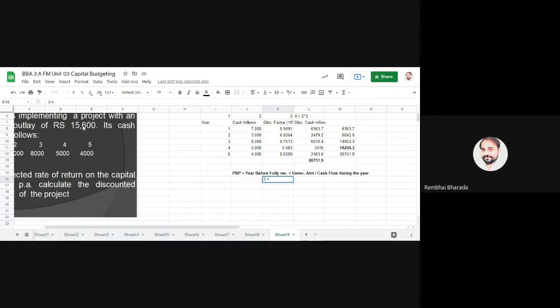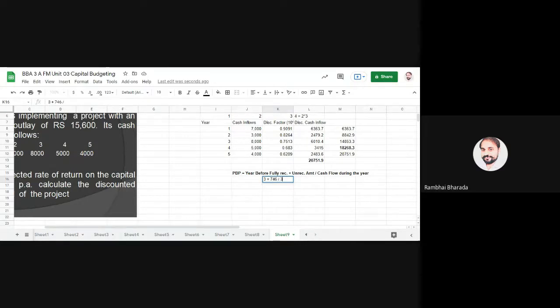Here 15,600 minus 14,853 is 747, or 746.